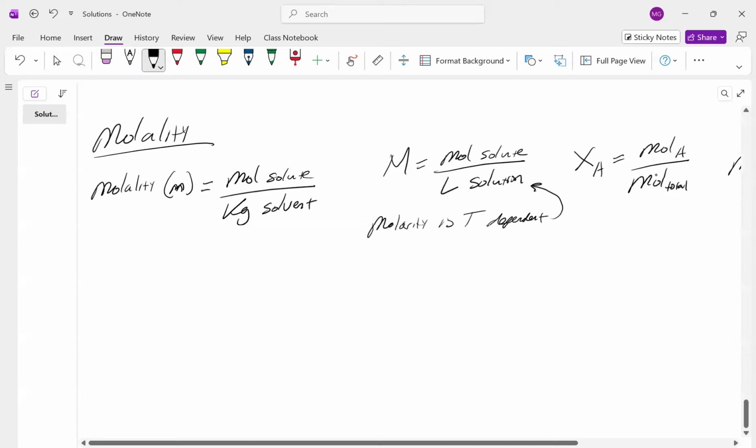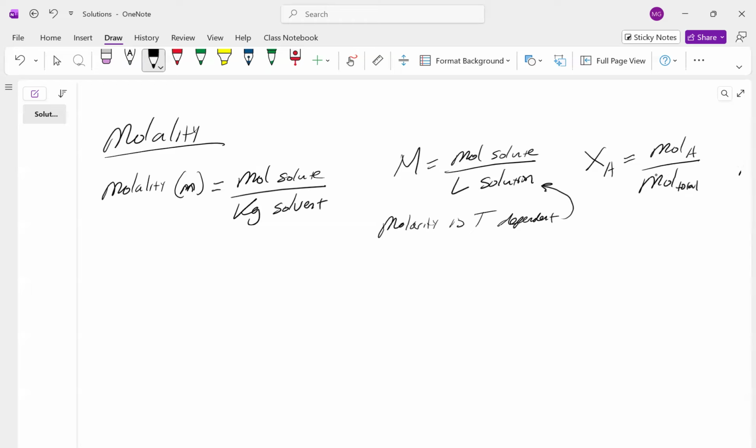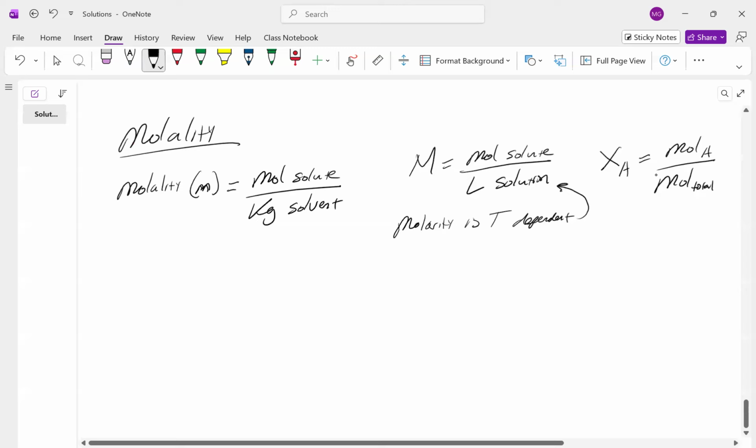Remember, the volume changes with temperature. If all we're dealing with is mass, then with molality, because we're dealing with the mass of solvent, the mass of something doesn't change if you change the volume. And so that's the big difference between having these two different types of somewhat related concentration methods.